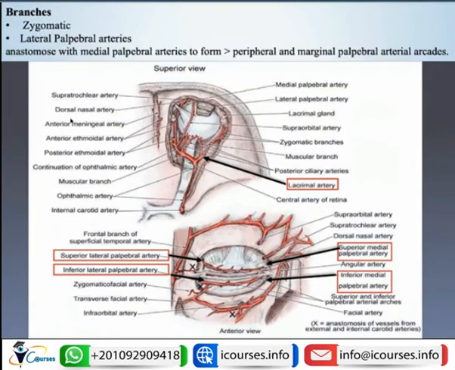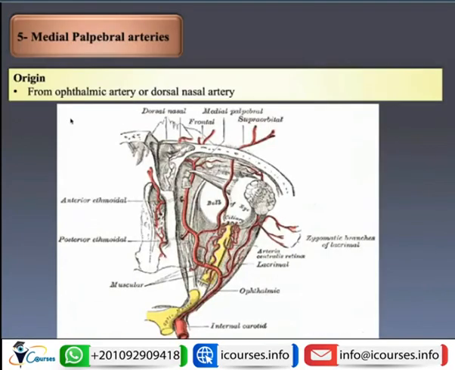The medial palpebral artery, as it is medial, arises from the ophthalmic artery medial to the optic nerve, or sometimes it arises from the terminal branch of the ophthalmic artery, which is the dorsal nasal artery.